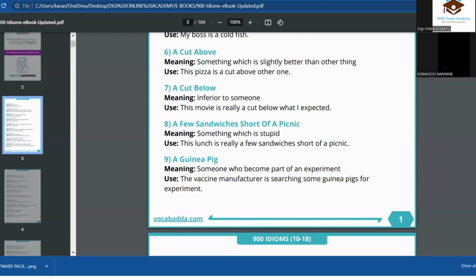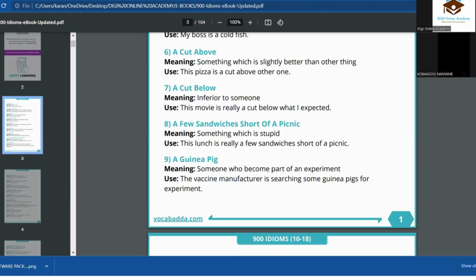All right. A guinea pig: someone who becomes part of an experiment. A vaccine manufacturer is searching for some guinea pigs for an experiment. Just one second, David.